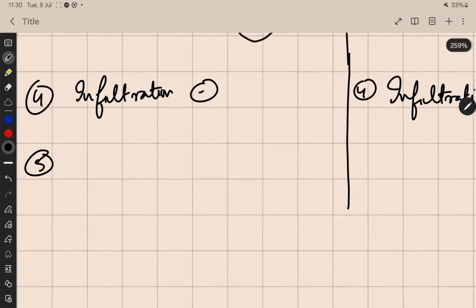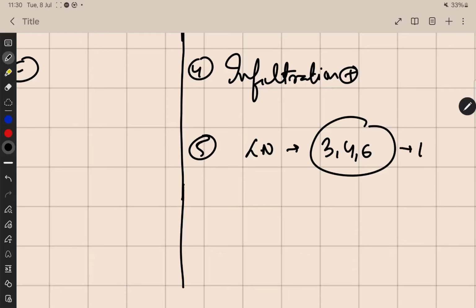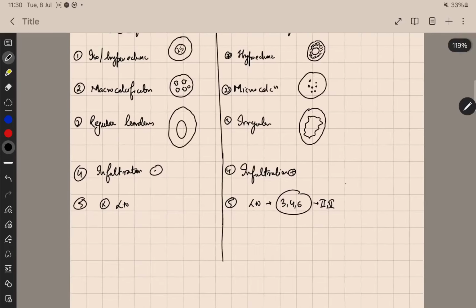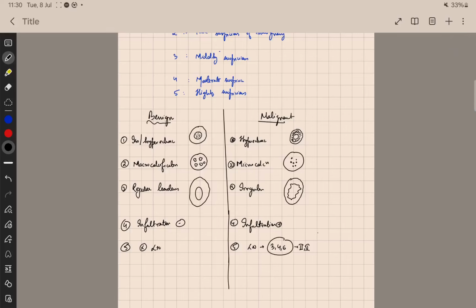In case of benign nodule, there will be no lymph node involvement. While in case of malignancy, there will be presence of lymph nodes. Mainly level 3, level 4 and level 6. In some cases level 2 or level 5 might also be involved. So these are the differences between benign and malignant features of a thyroid nodule.